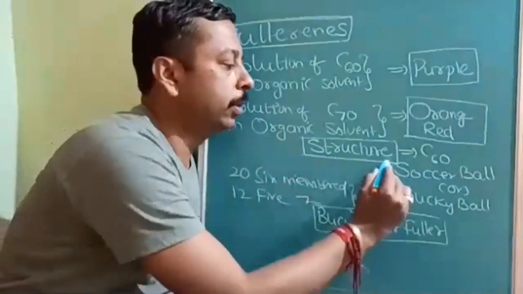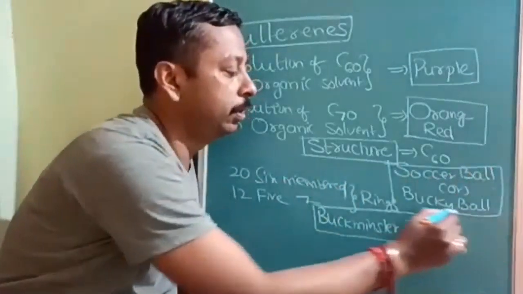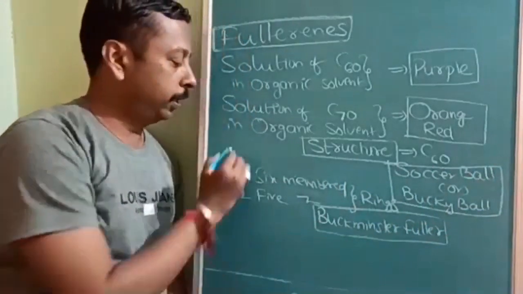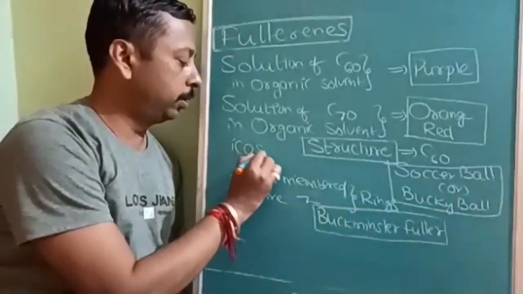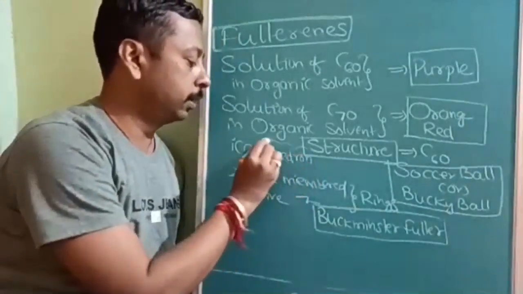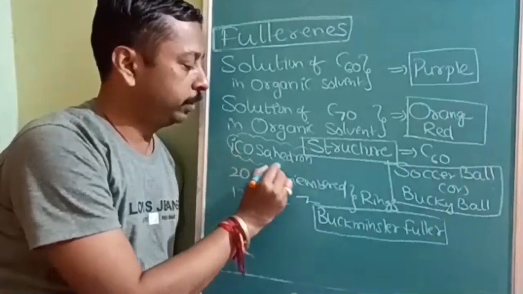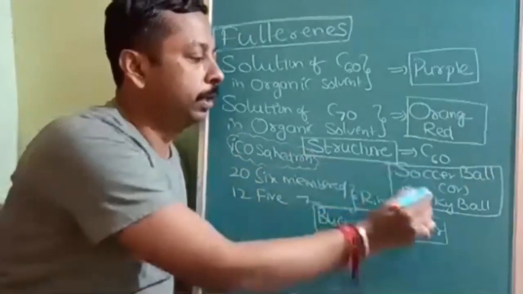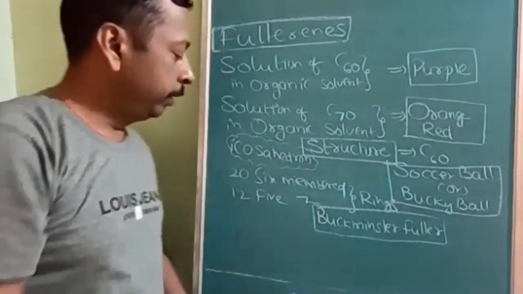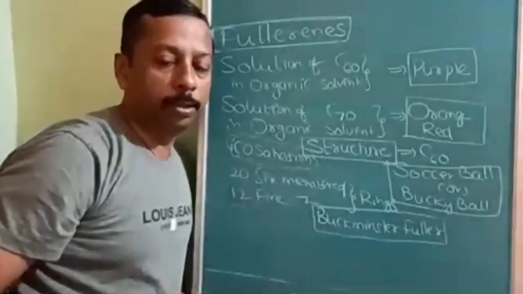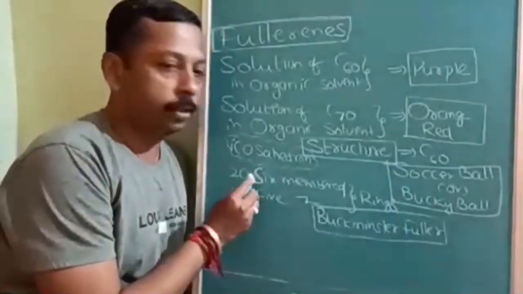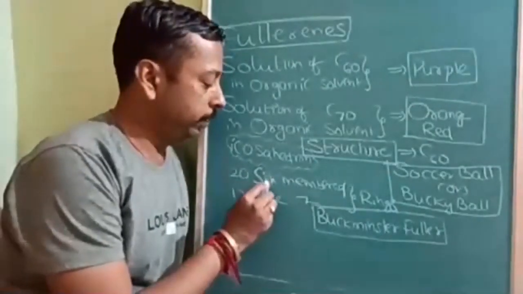Its structure is similar to a soccer ball or buckyball, and it is called an icosahedron. The official name is icosahedron, but it appears like a soccer ball or buckyball. Mainly, you have to remember 26 membered. How will you remember? 26 January.